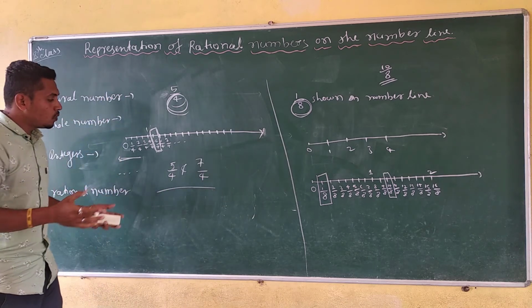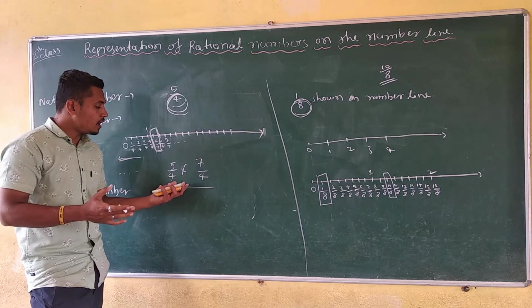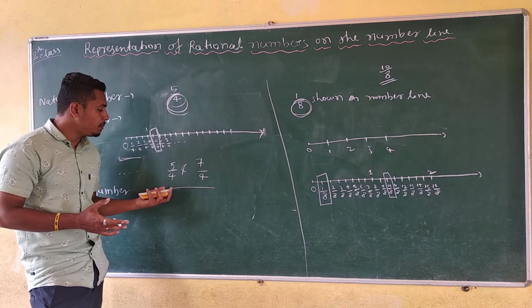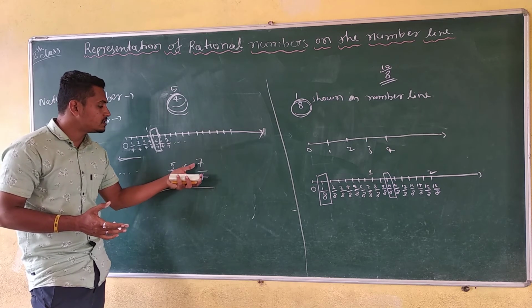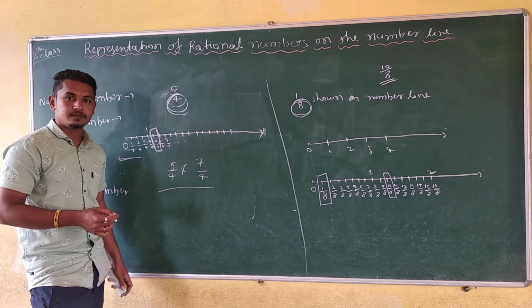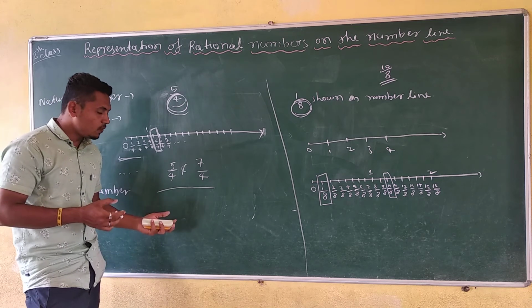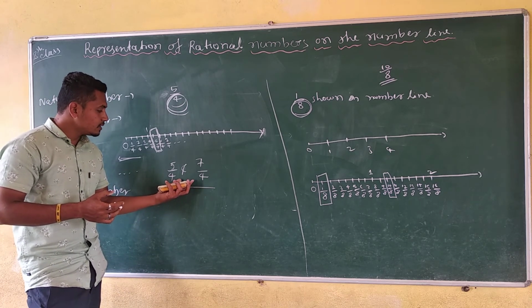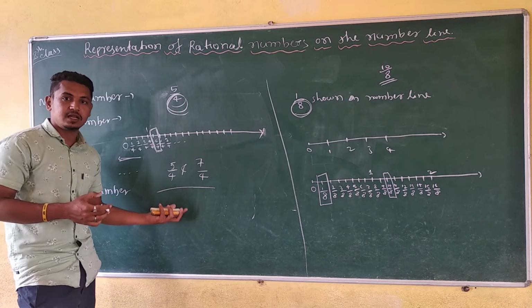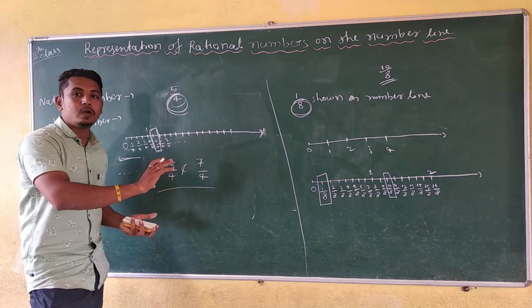Now see here, 5 divided by 4 and 7 divided by 4. Now we have to find how many rational numbers are in between 5 divided by 4 and 7 divided by 4. So now we have to study how to find the rational numbers in between two rational numbers.